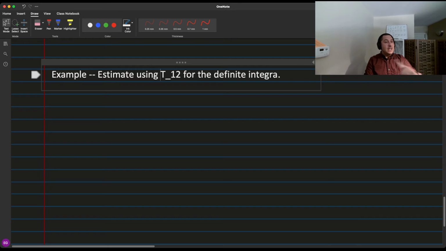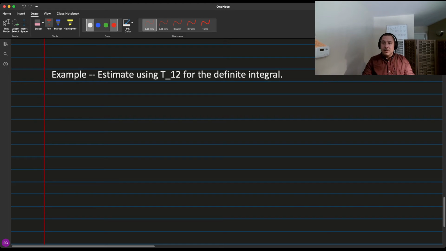So does it make sense? T_n is the trapezoidal rule. And our integral will be the definite integral from 0 to 1 of e to the x squared, which I think you might be able to solve using integration by parts.